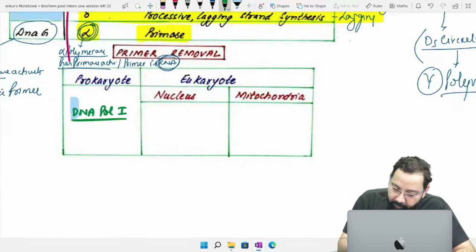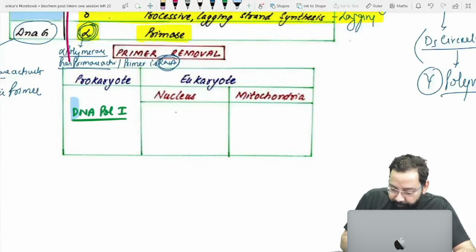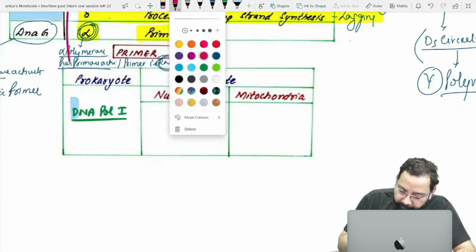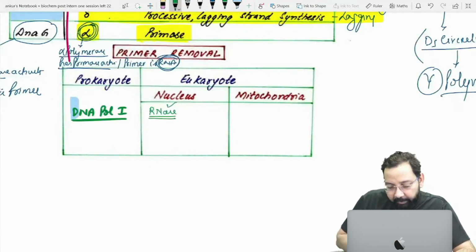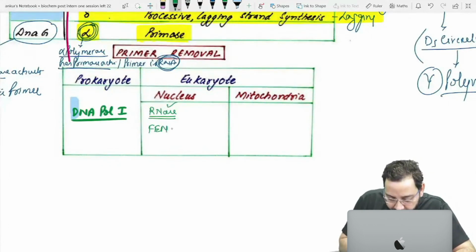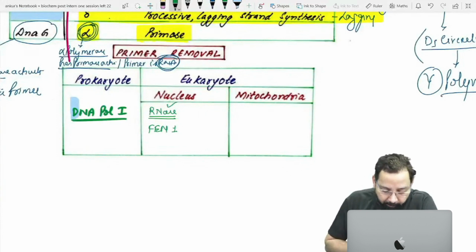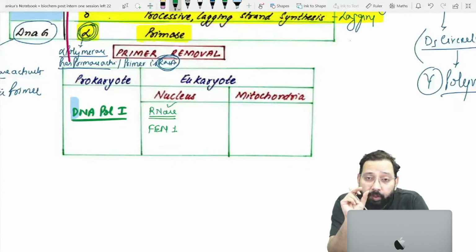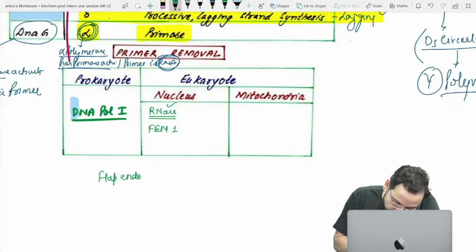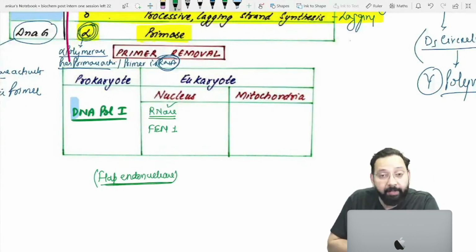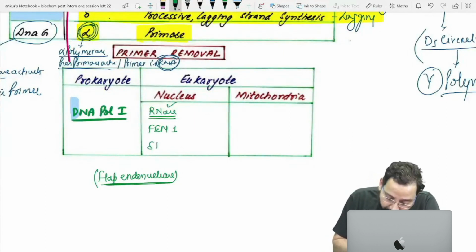In eukaryotes, primers are removed by RNase H and FEN1. RNase H removes RNA. FEN means flap endonuclease. And delta polymerase.